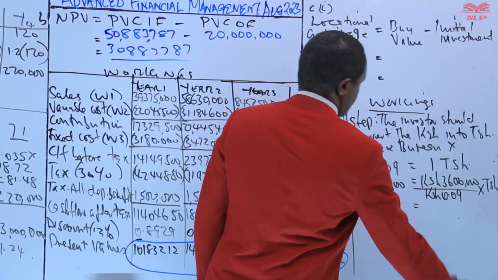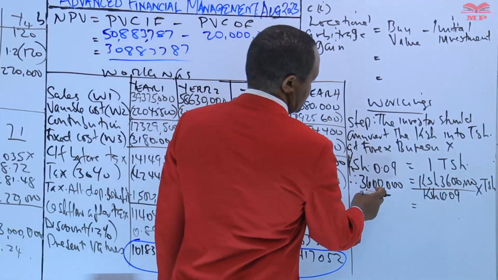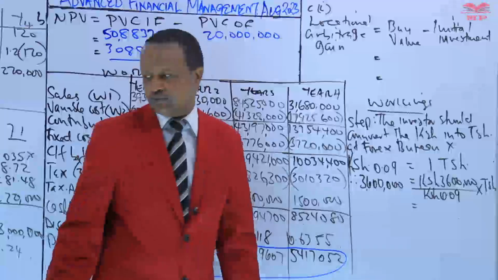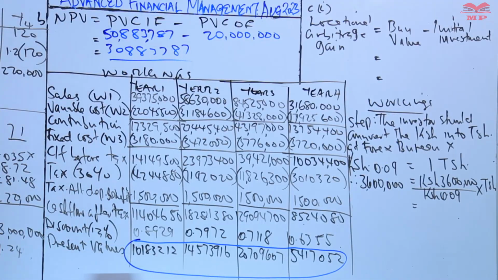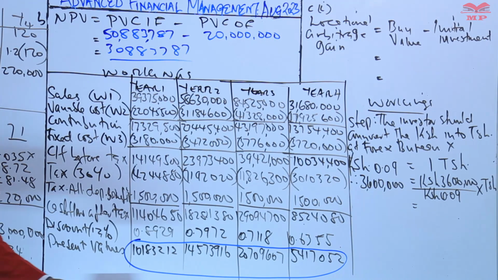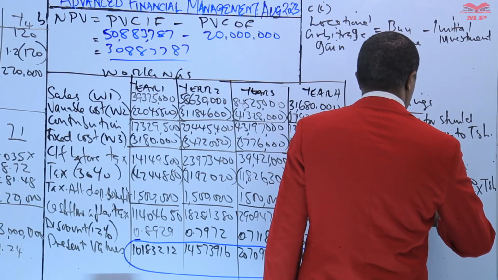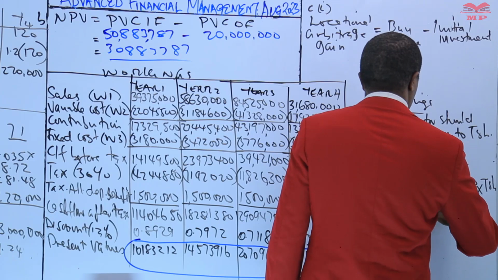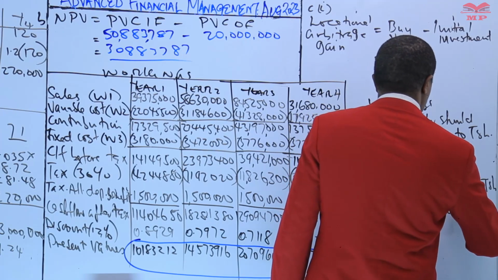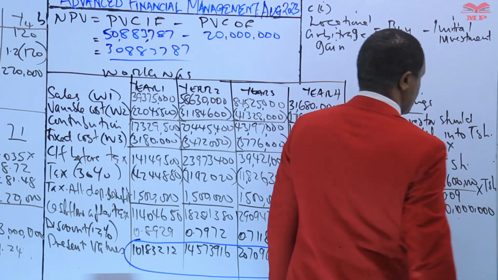So we convert the 3.6 million, and that should be equal to how much? Can someone do that? That should be equal to, Kevin says, 40 million Tanzania shillings. That is the first step.